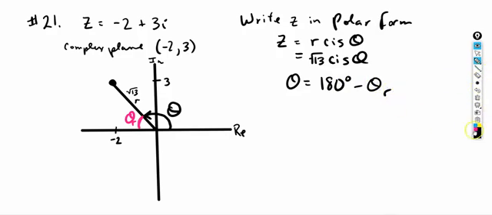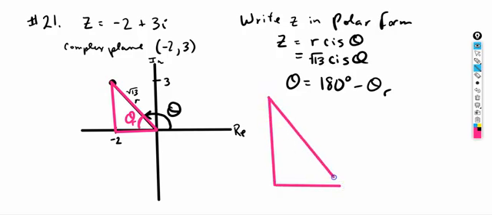Okay, so I'm going to form a right triangle. And then I'll make it bigger out here. So there's my reference angle. And we have that r is the square root of 13.